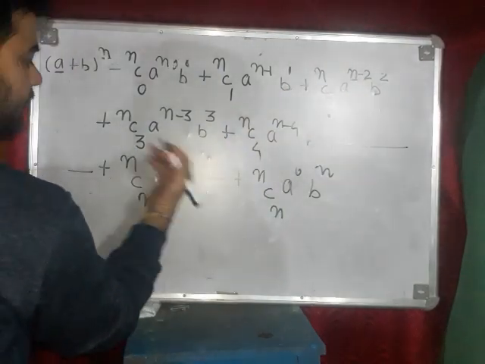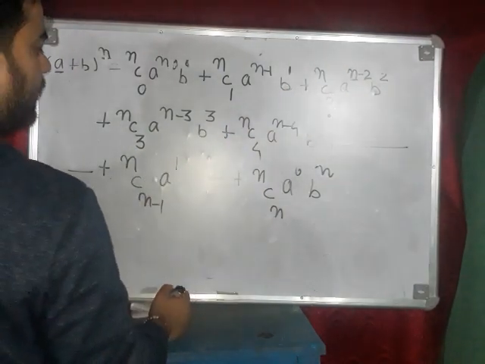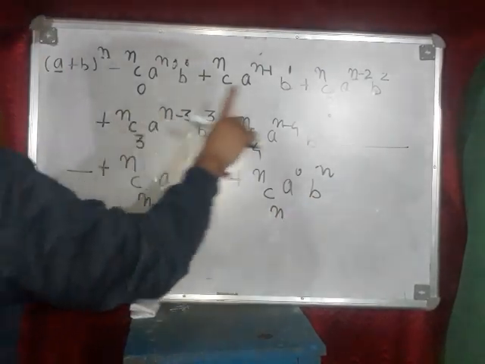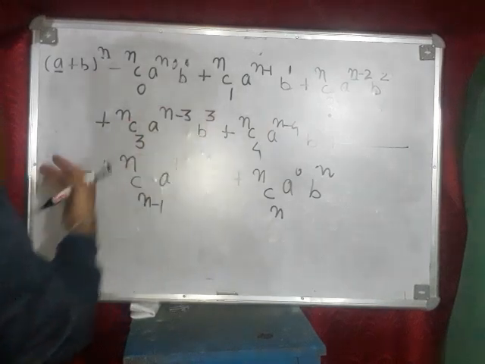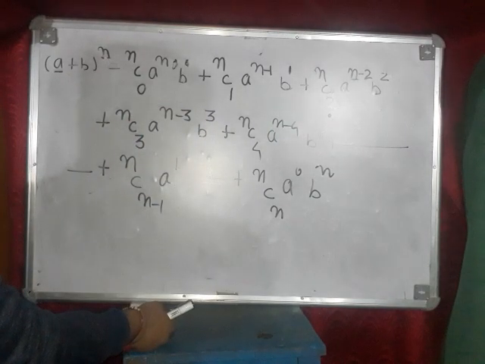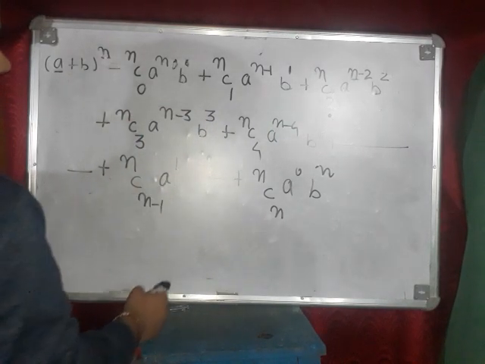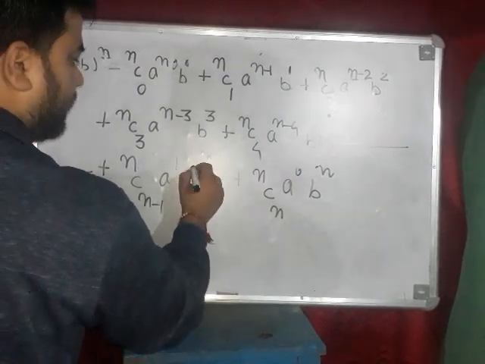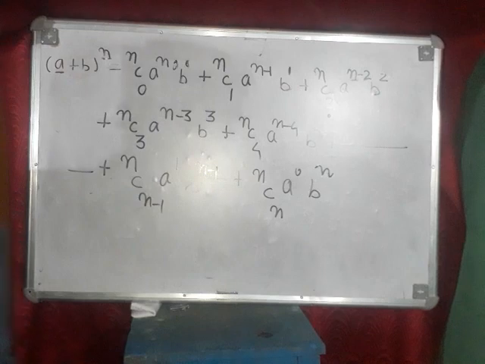So the power of a increases by 1, and the power of b goes 1 less when we go to the left side, b to the power n minus 1.